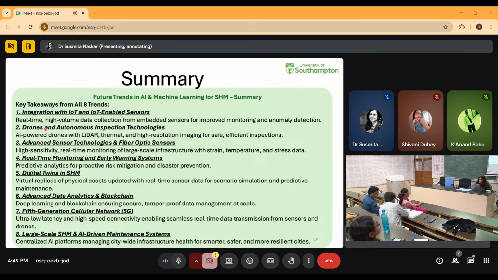From all of these key takeaways you can see that artificial intelligence and machine learning are transforming structural health monitoring from isolated reactive systems to more integrated, predictive and city-wide solutions. That is paving the way for smart infrastructure and a sustainable urban environment.